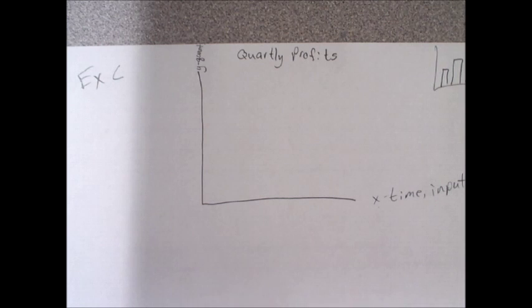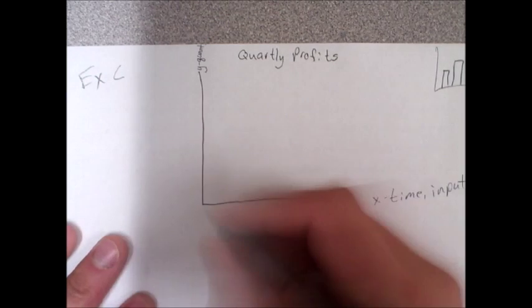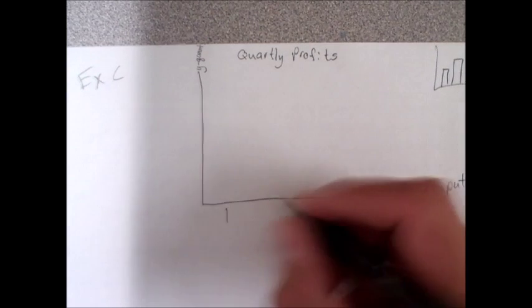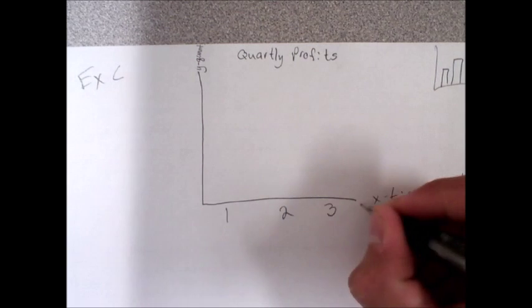Quarter, right? Because profit is clearly not a time. Even if you didn't know what a quarter was, you would be able to tell that it's a time because, well, profit is not a time, right? So the quarters, I'm just going to label them along my x-axis. 1, 2, 3, and 4.